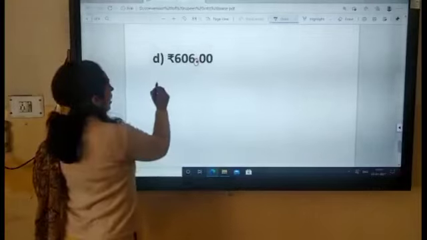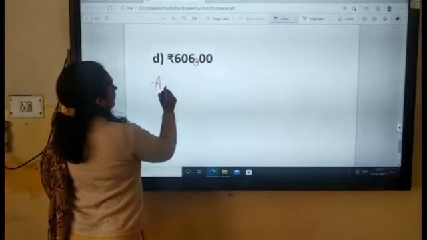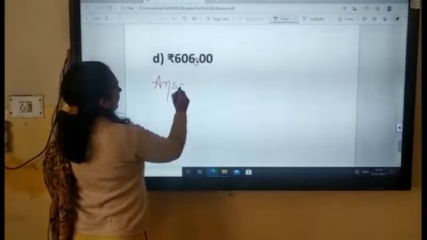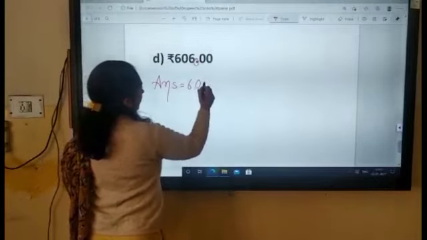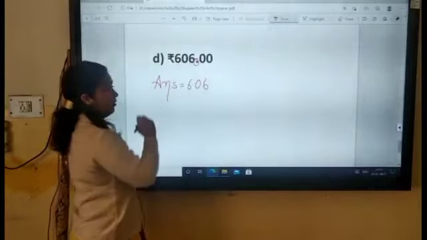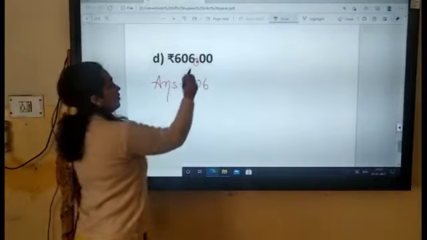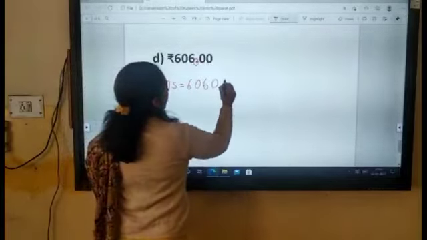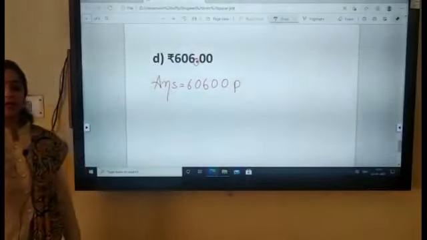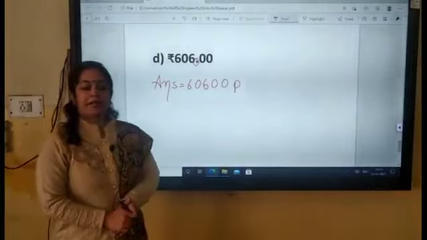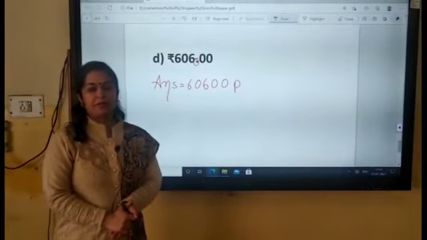Okay, so our answer will be 60600 paise. You will not put the dot, but you will put the zeros. Okay, so dear students, try to solve these sums by yourself in your notebook.